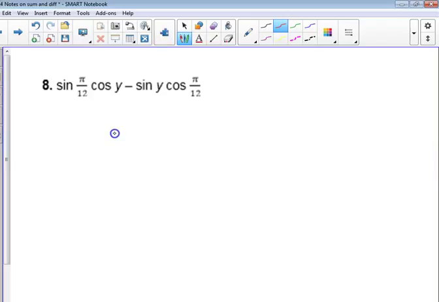Sine, cosine, sine, cosine. Is there one that says sine cosine minus sine cosine? There is, because, look, A, B, yes? So if we switch this around, because it's supposed to be, can we switch it around?